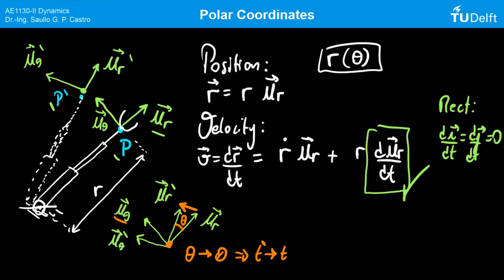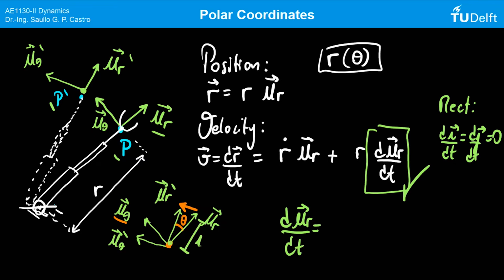In other words, this is the limit when t prime minus t goes to an infinitesimal change in time dt. Therefore, we might describe the variation of ur with time equals this.